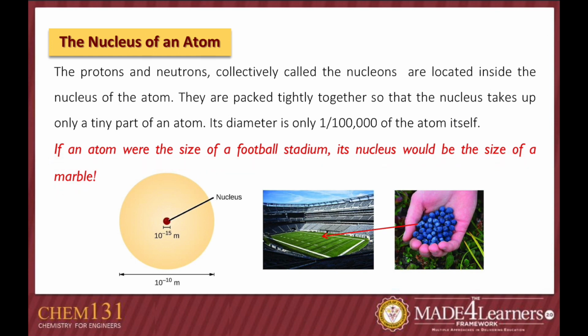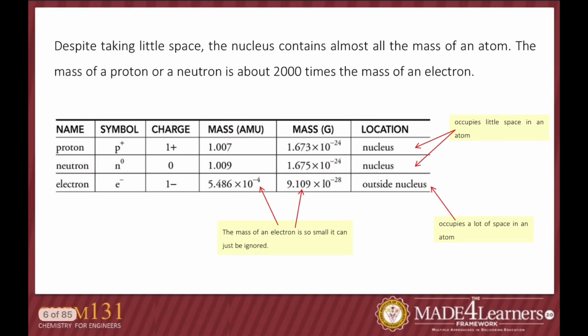So imagine, if this is the marble here, the football stadium is so big, so huge, but then the nucleus is just here in the middle. It's very tiny. Right? That's why it's just a marble. So, that's the size of the nucleus. But, despite taking little space, despite it being so small, the nucleus contains almost all of the mass of an atom.